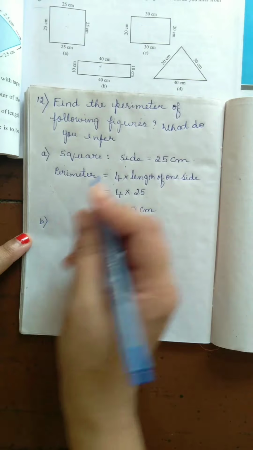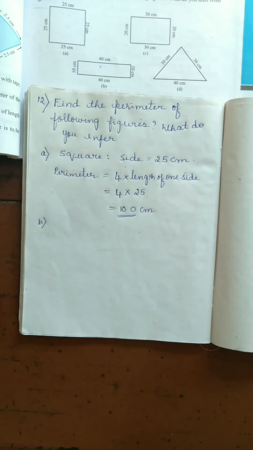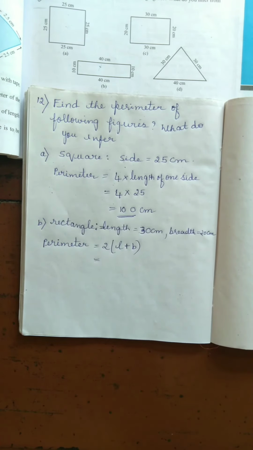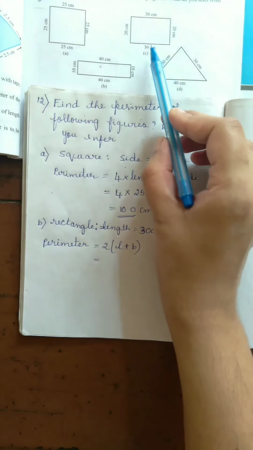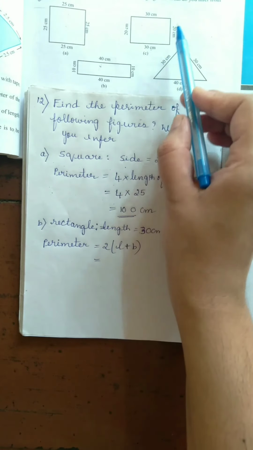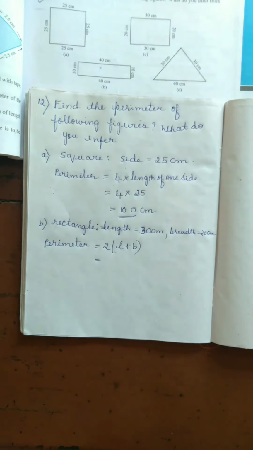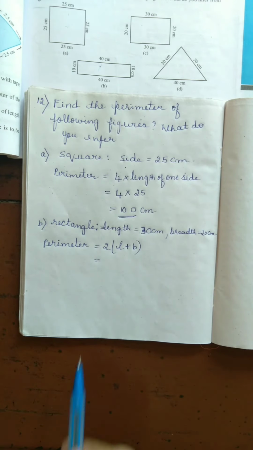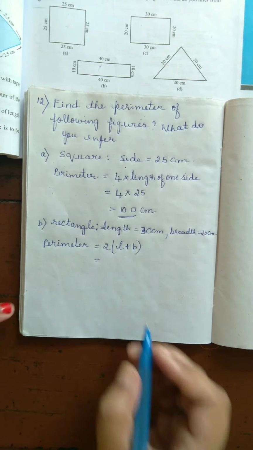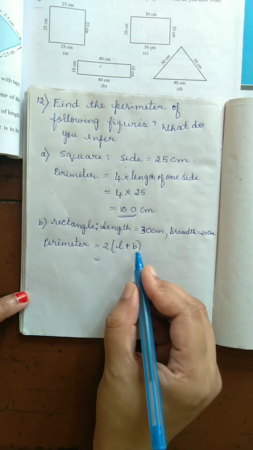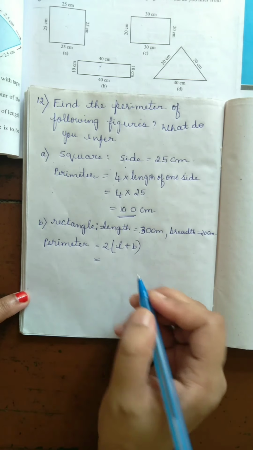Next is B, children. Next we have the rectangle. So the rectangle, the length value is 30 centimeter and the breadth value is equal to 20 centimeter. So on finding out the perimeter of a rectangle, 2 into L plus B, where L is the length and B is the breadth.